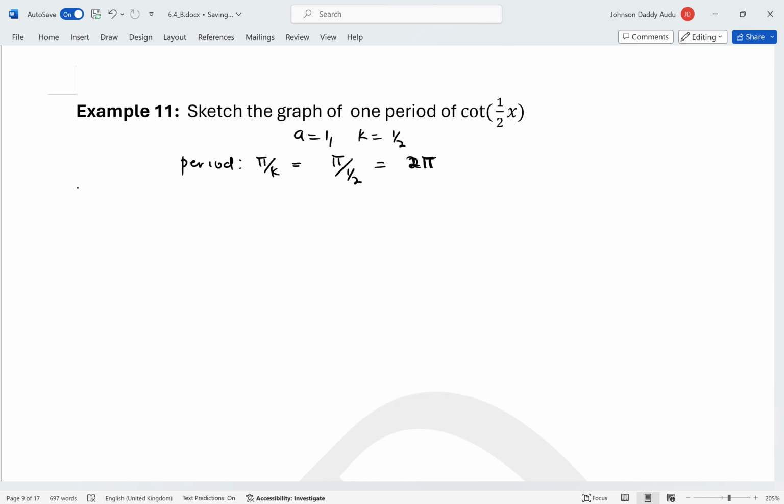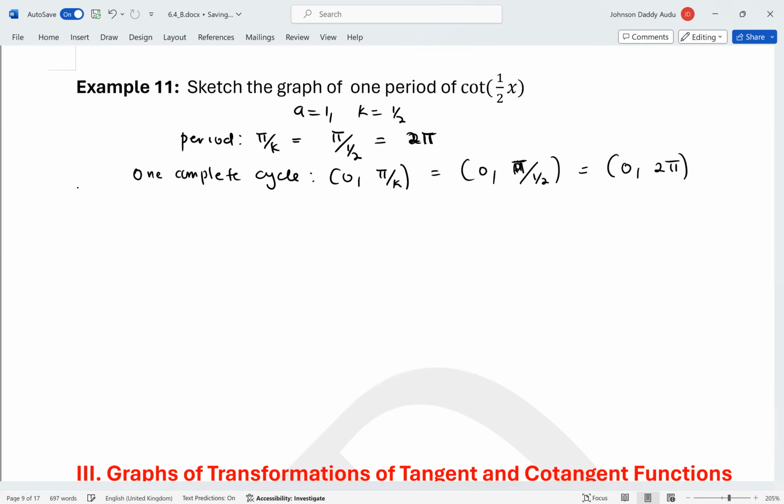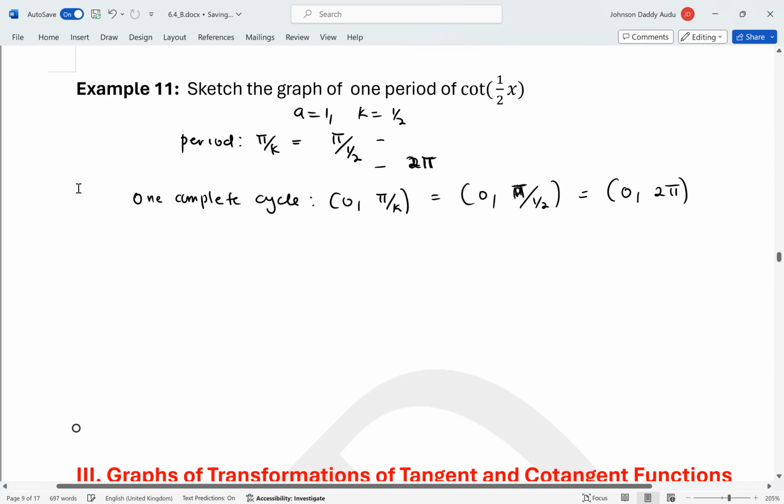And since this is cotan, remember, one complete cycle for cotan is from 0 to pi over K. And this is going to be from 0 to pi over half, which is just 0 to 2 pi. Now, 0 to 2 pi, what does that mean?